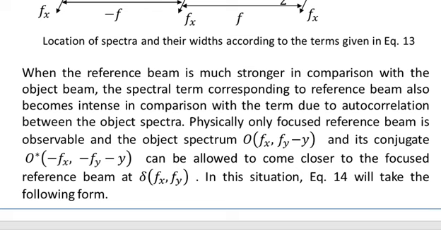When the reference beam is much stronger in comparison with the object beam, the spectral term corresponding to the reference beam also becomes intense in comparison with the term due to the autocorrelation between the object spectra.